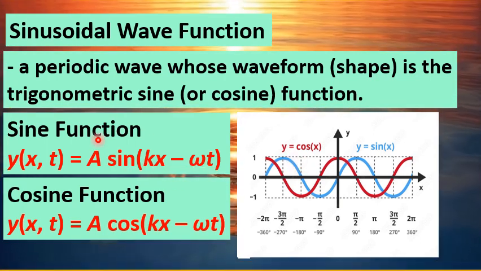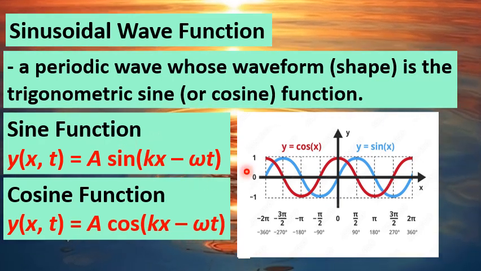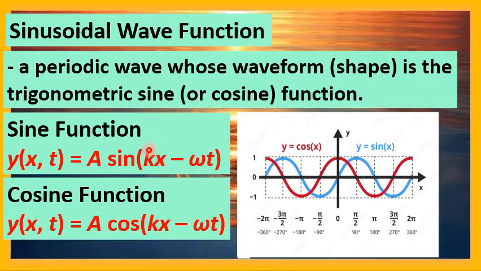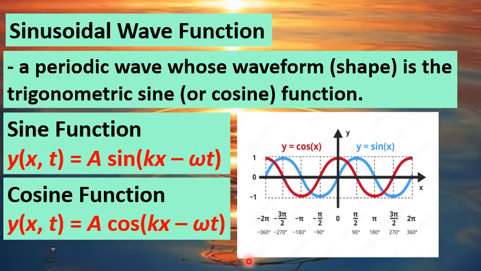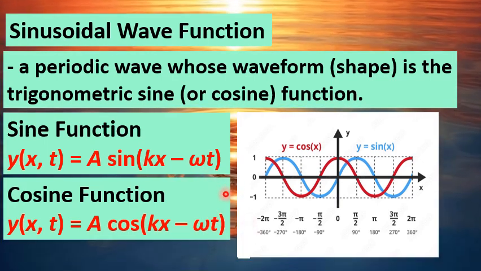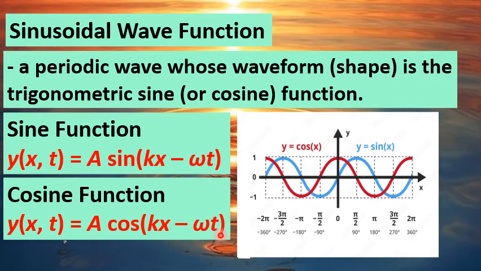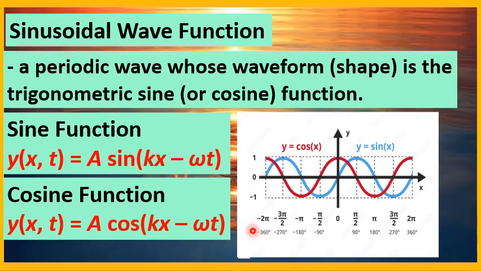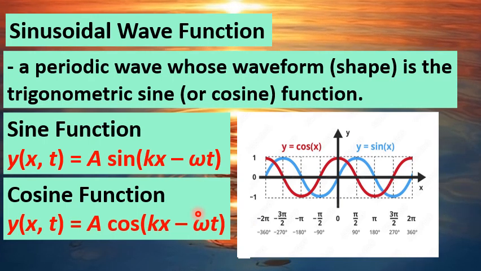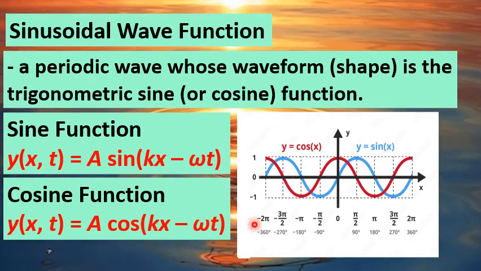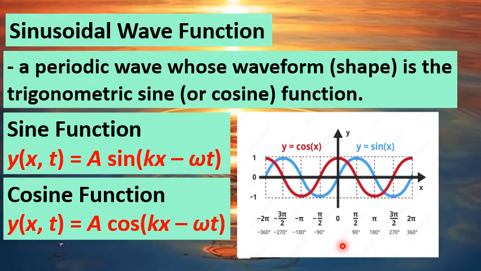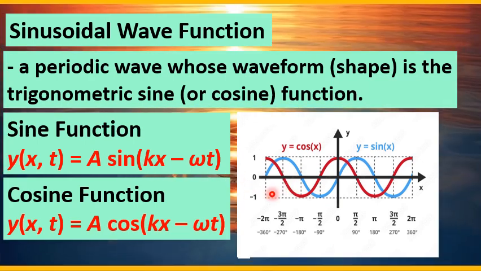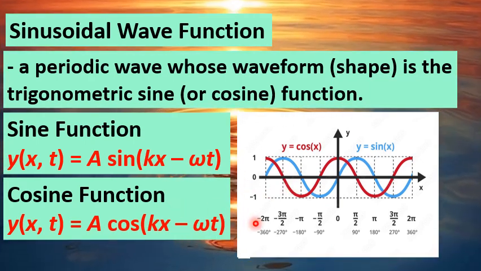In both of these equations, the variable k is what we call the wave number, and the Greek letter omega is what we call the angular frequency. In our succeeding discussion, you will find out when to use the sine function and the cosine function.